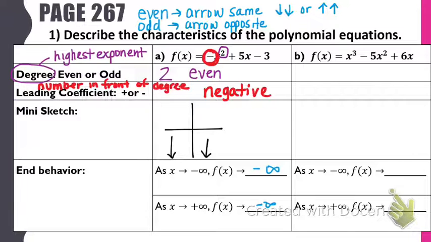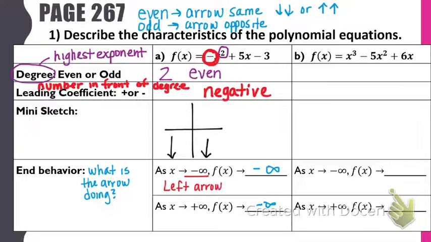So what it's asking you for in end behavior is saying, what is the arrow doing? And it's either going to go up or go down. That's the question that you're answering. And when this says negative infinity, this means the left arrow.